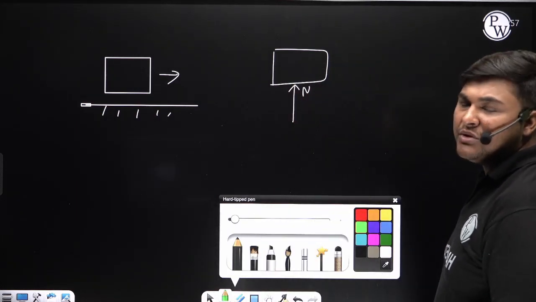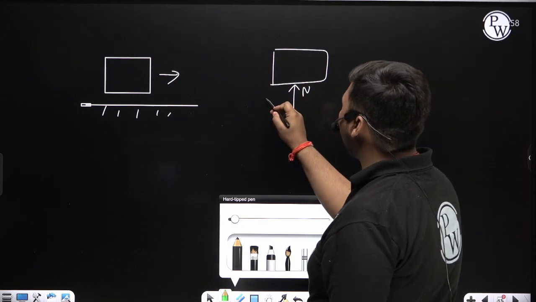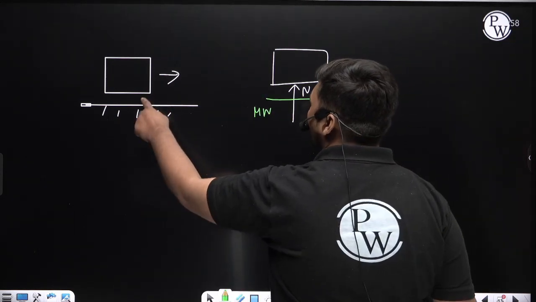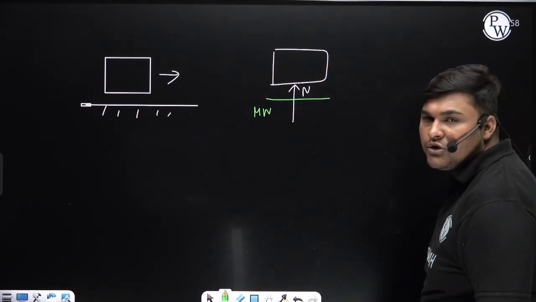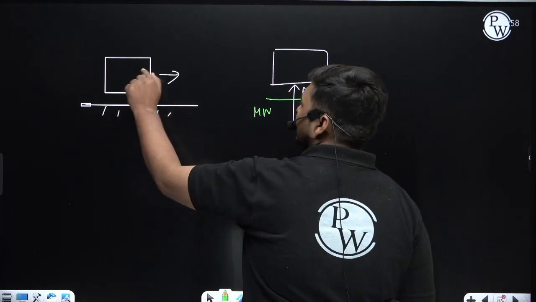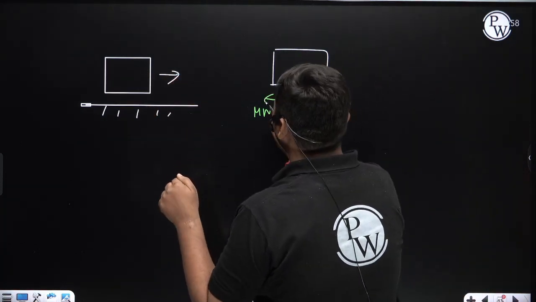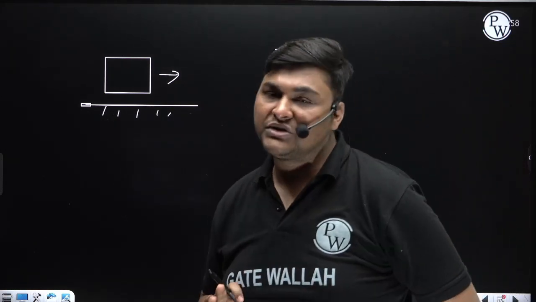Then if the normal force is N, friction force will be mu into N, where mu is the coefficient of friction between this block and the surface, and it will be opposite to the direction of relative motion. Right now relative motion of this block is in this direction, so friction force will be in the opposite direction. But this is valid for a flat surface when the pressure distribution is uniform.